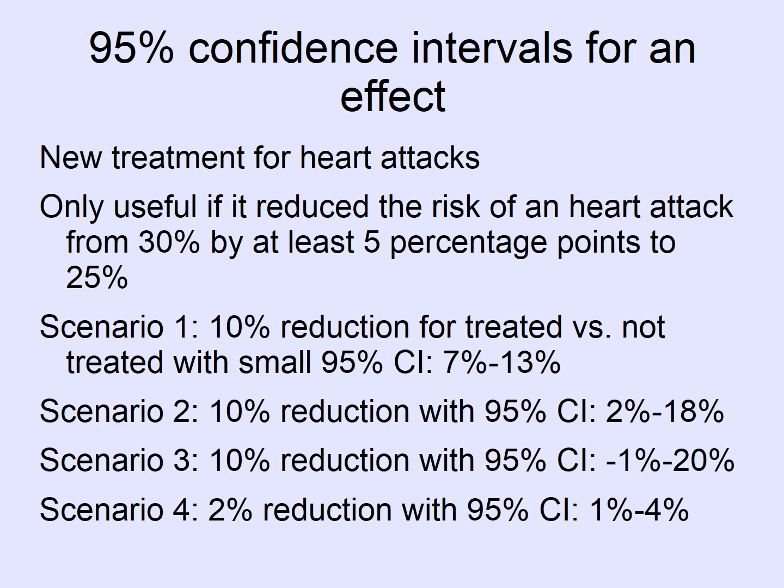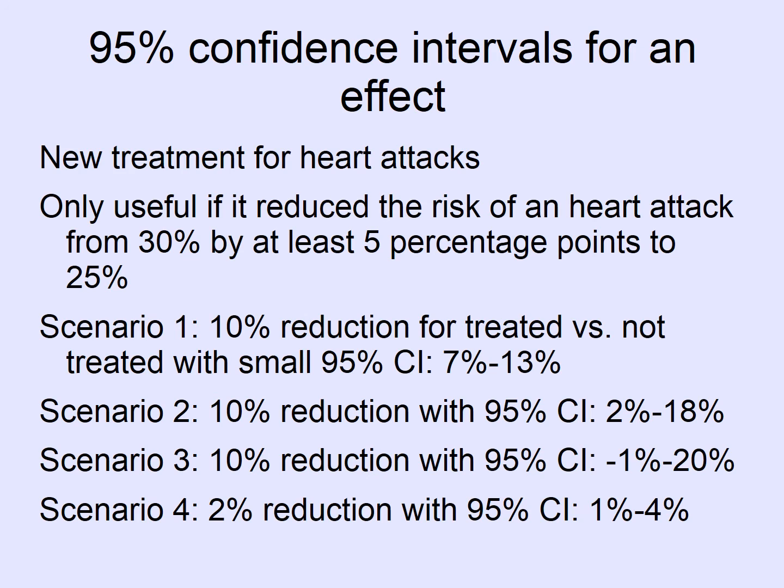Scenario 3, even less evidence for you. While you have a high point estimate of 10%, this very wide confidence interval from negative 0.1% to 20% overlaps a null value that you would have expected to see here. Think about it. Your null reduction in heart attacks for the treatment versus the control would be 0%.